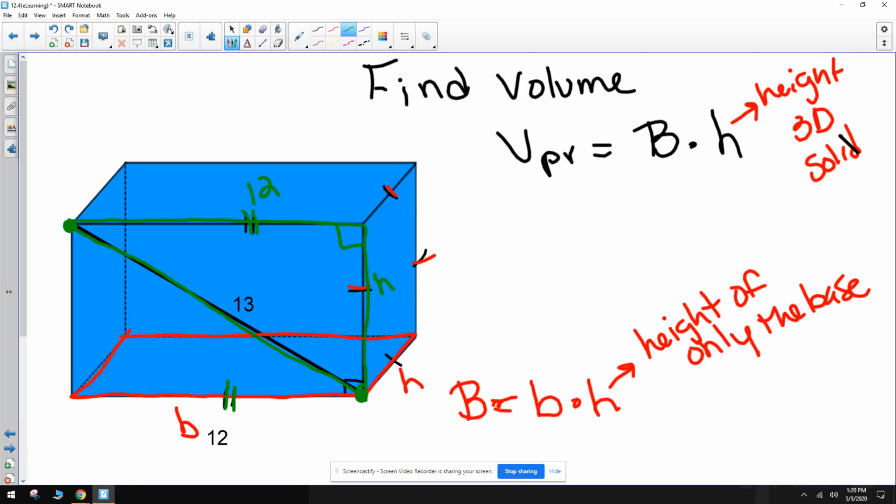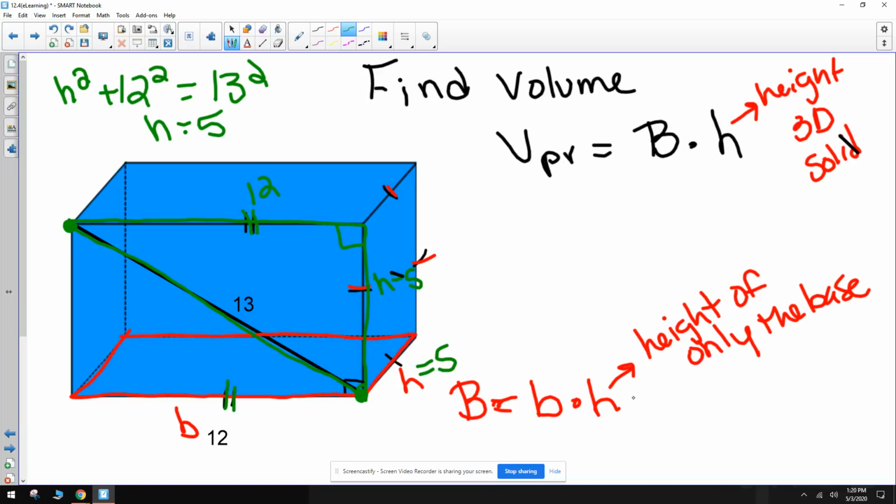I'm going to have to use the Pythagorean theorem because I have a right triangle and I have two sides. So I'm going to do h squared plus 12 squared equals 13 squared. When I solve that, h is going to equal 5. So right there, that equals 5, and this also equals 5.